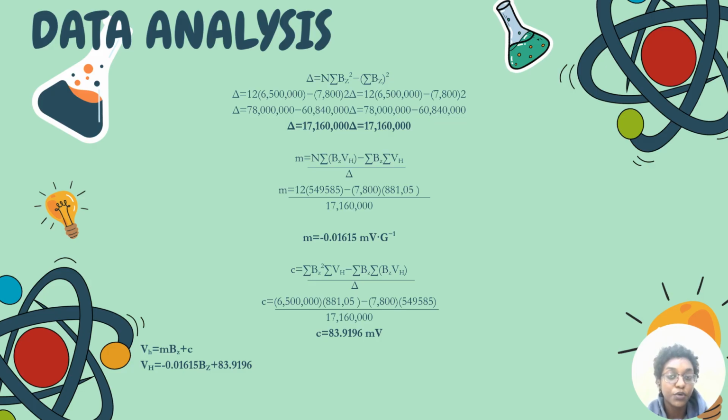So our next step is to obtain the slope and the intercept, and since we used the least square method, this is how we obtained it. We just followed the equations accordingly, and the result was VH equals minus 0.01615 multiplied by the magnetic field plus 83.916196.